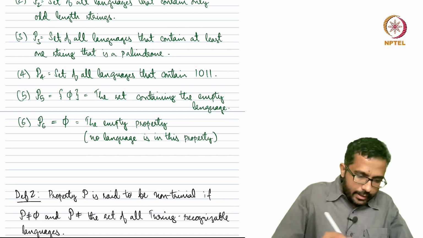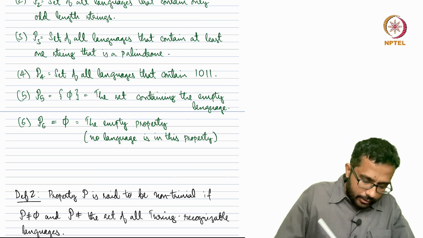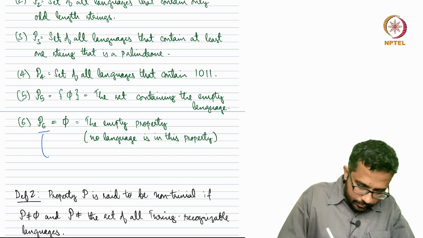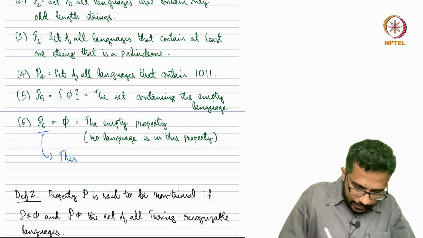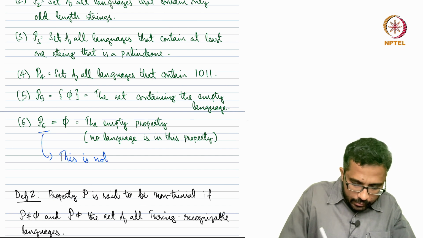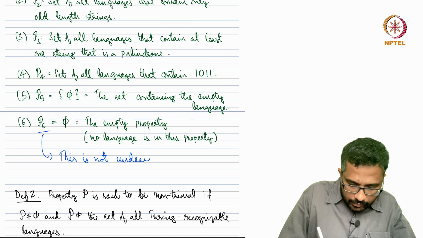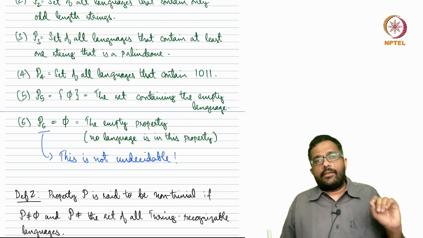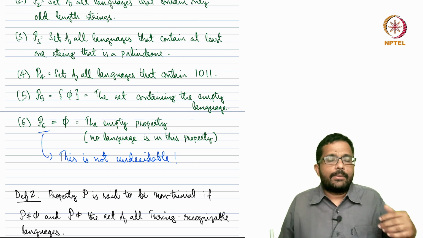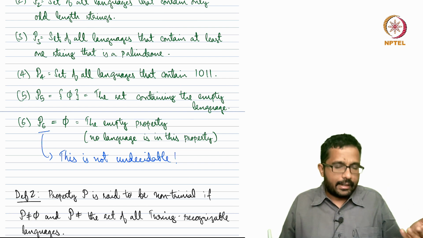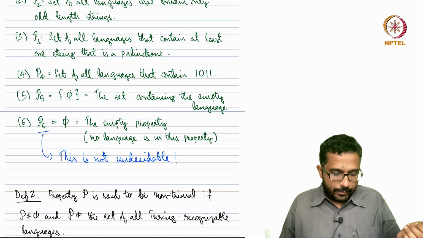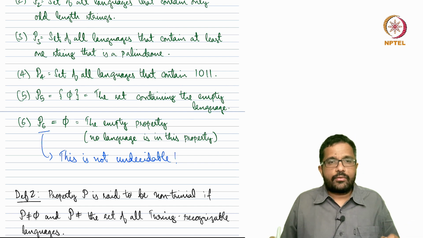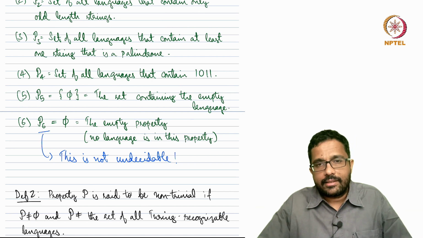However, this is not going to be undecidable. When I say this, I mean that given a Turing machine, checking whether the language recognized satisfies P6 is not undecidable, because we know that no language satisfies P6.